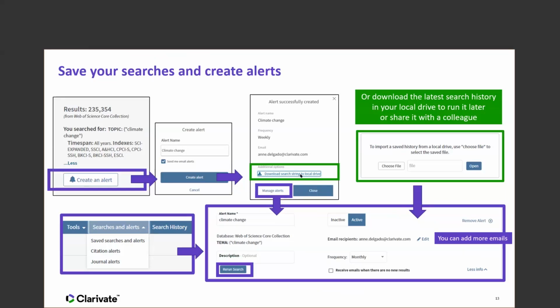And when I click on this option, I am going to save not one search. I'm going to save everything that I have at that precise moment in my search history. And I'm going to save something in my computer's local drive with a specific format that I cannot read.